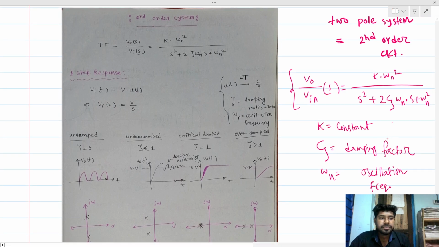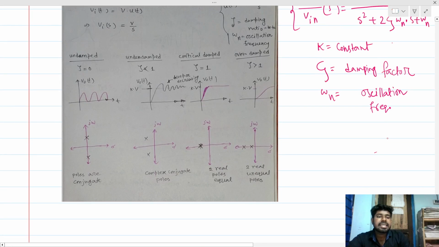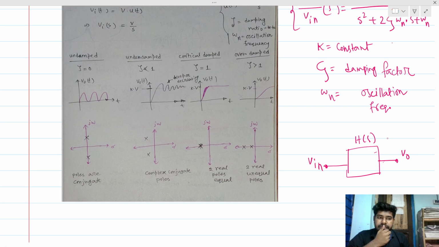The physical significance of the damping factor: when you have a second order system, let's say we have a system like this, a second order system, and here is the input and here is the output. The damping ratio, or damping factor, is actually a dimensionless quantity. It measures how oscillation in a system decays after a certain disturbance.